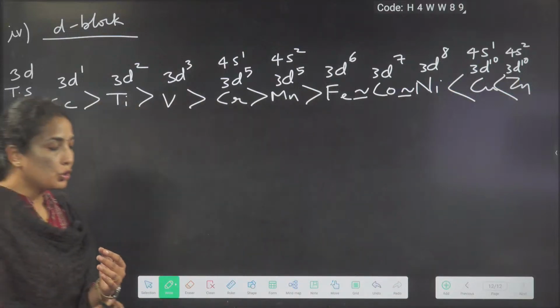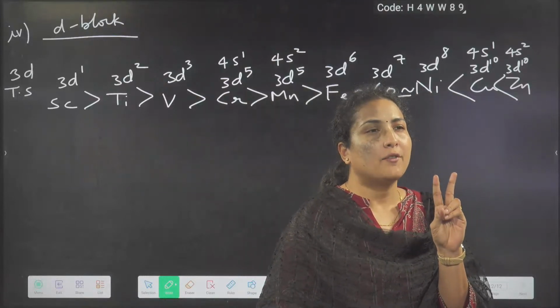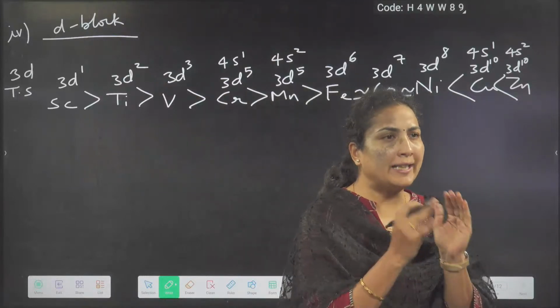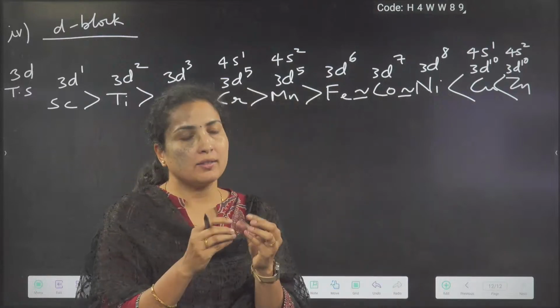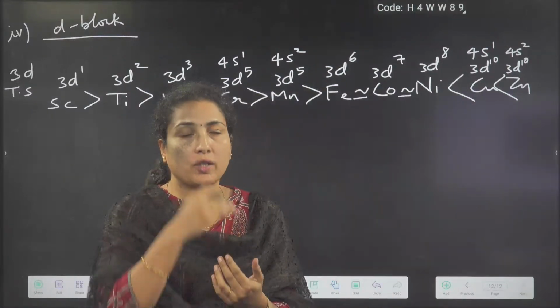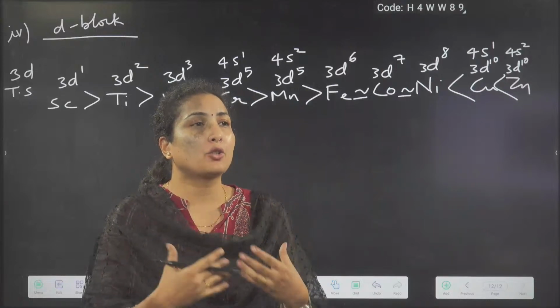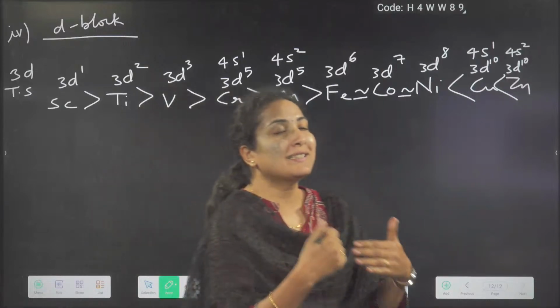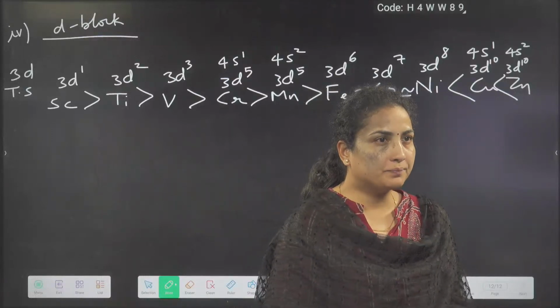Now one thing you should be very clear about, that there are two forces acting in any atom on that outermost shell electron. One is the nuclear force of attraction which tries to attract it. And the other one is the inter-electronic repulsion. These electrons are pushing it away. So there are two effects here.